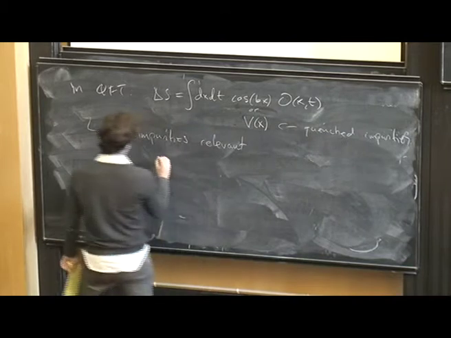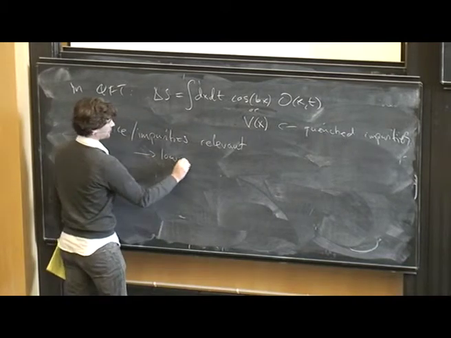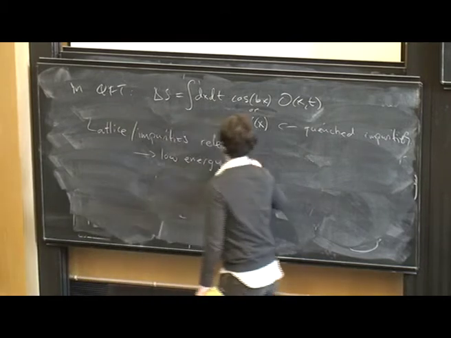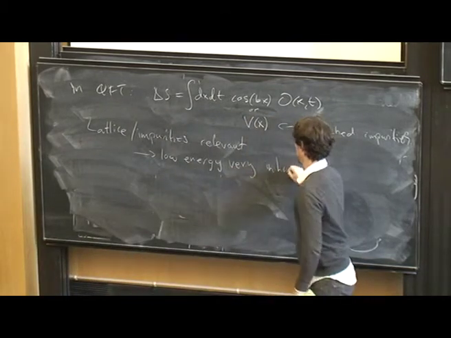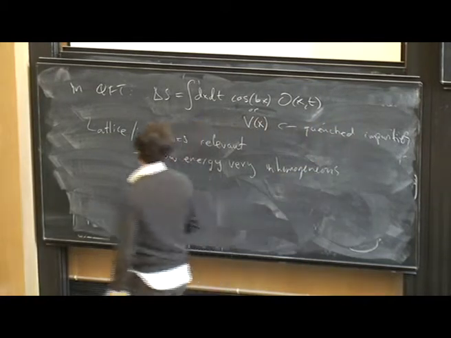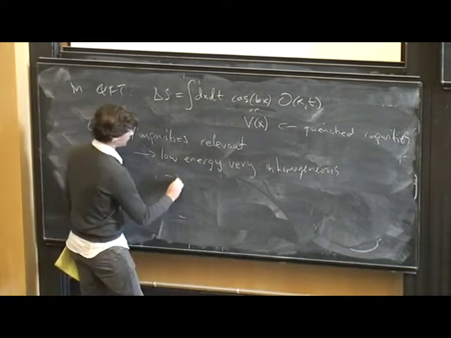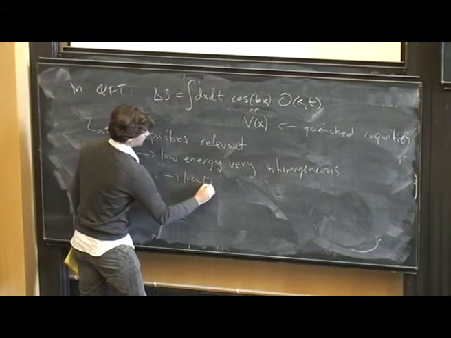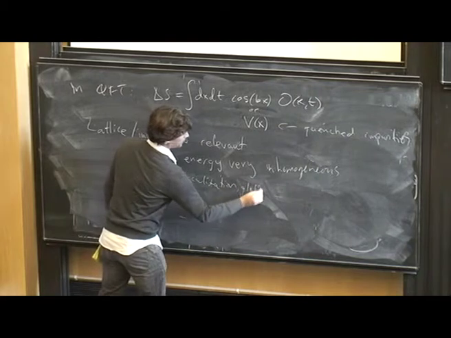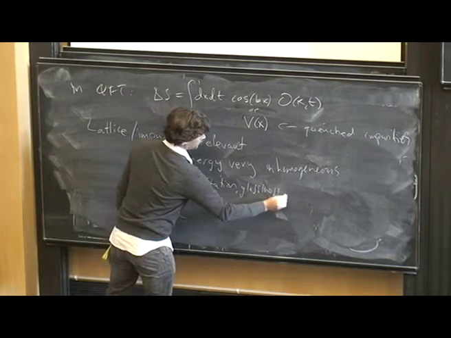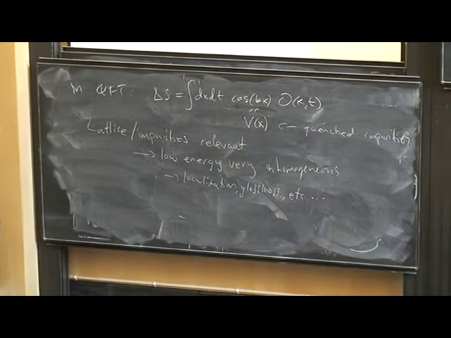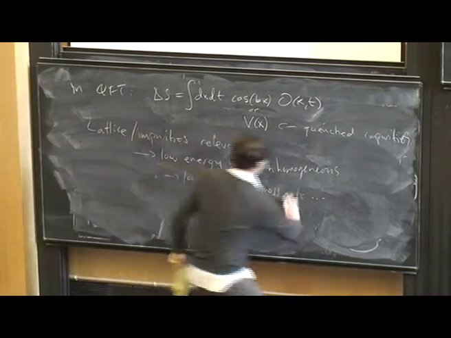This means that the low energy physics is very inhomogeneous. And that means you're going to land up with all kinds of lovely physics, such as localization, glassiness, etc. Insulators.